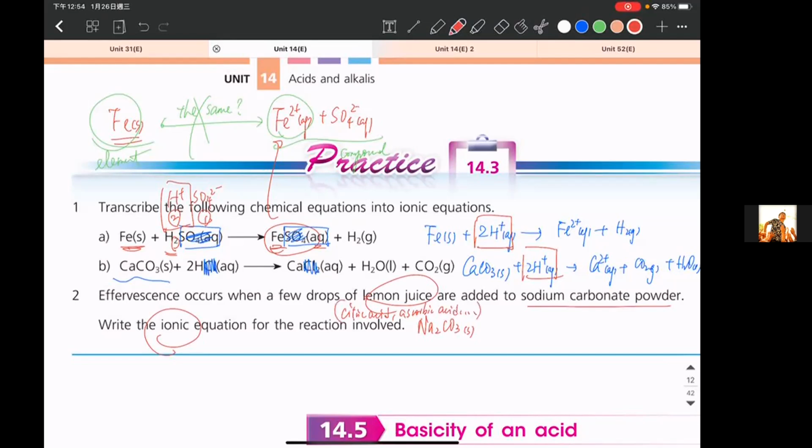So don't worry too much about the nature of the acid. Whatever acid it is, it shares the common ion. What is the common ion? Hydrogen ion. Yes, hydrogen ion, again and again. Okay? To form what?